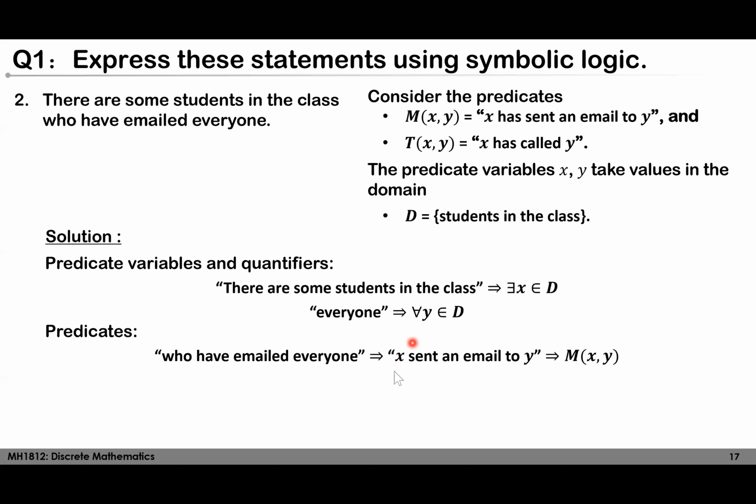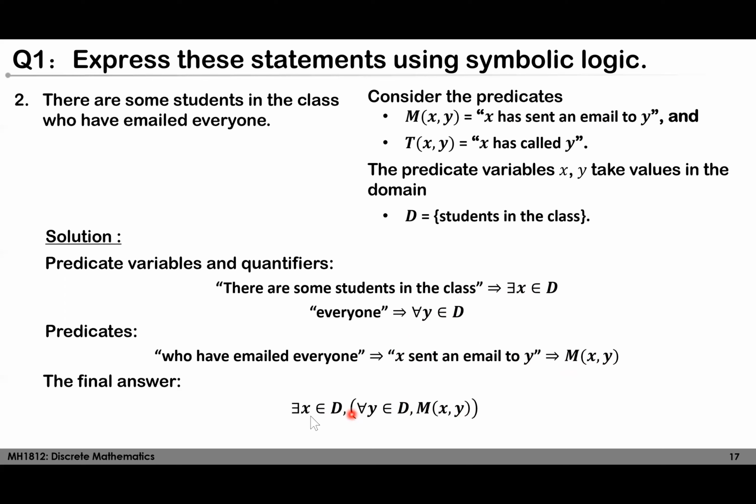So we translate into x sends email to y. So in symbolic, it is M of x y. So the final answer is there exists x in D such that for all y in D, M of x y.